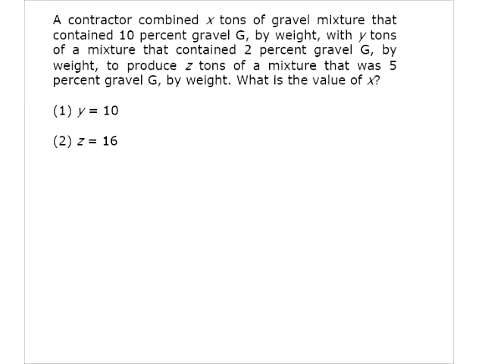All right, so let's think about what we got. We're combining X tons of 10% gravel with Y tons of 2% gravel, and we're going to end up getting Z tons that is 5% gravel.